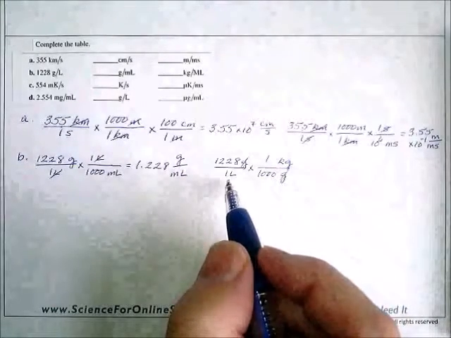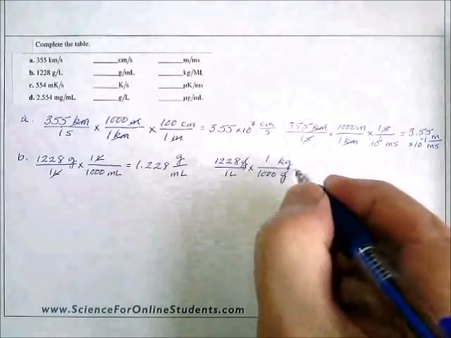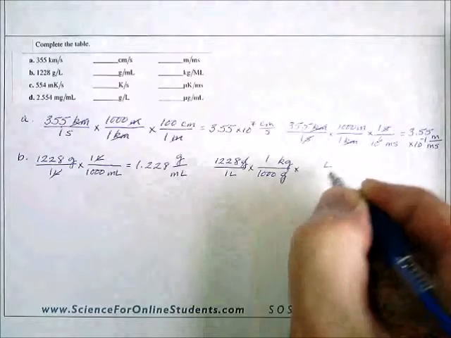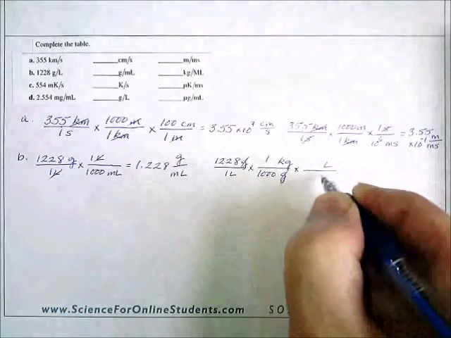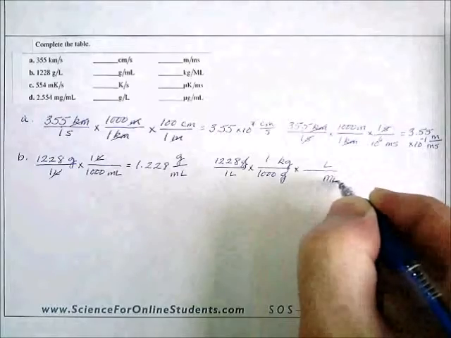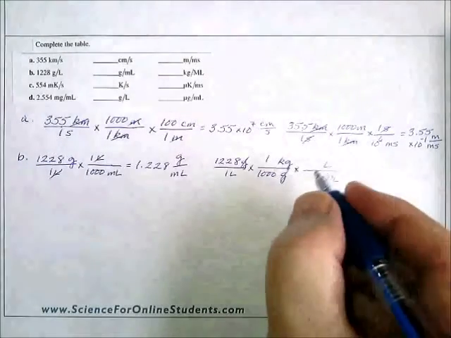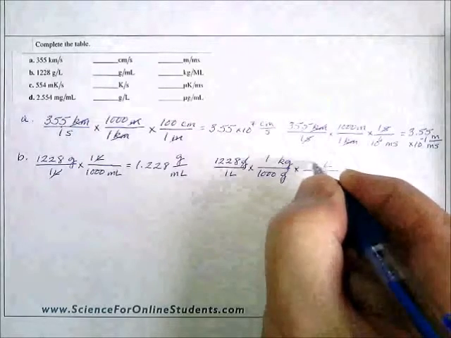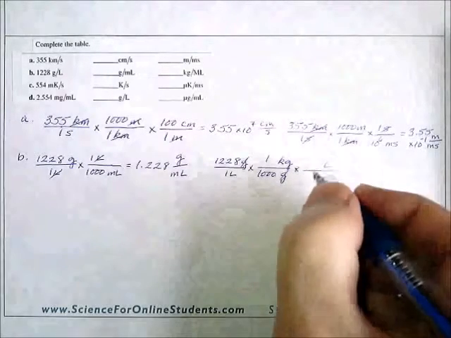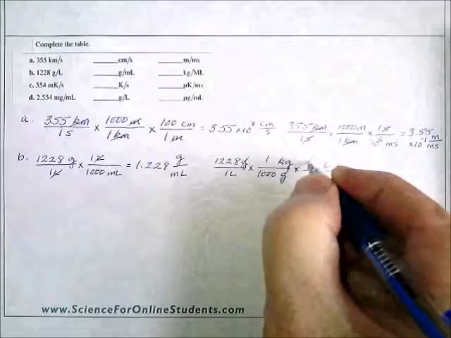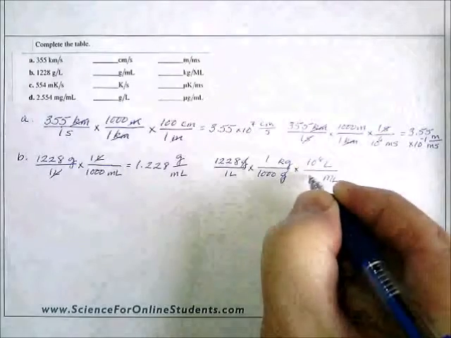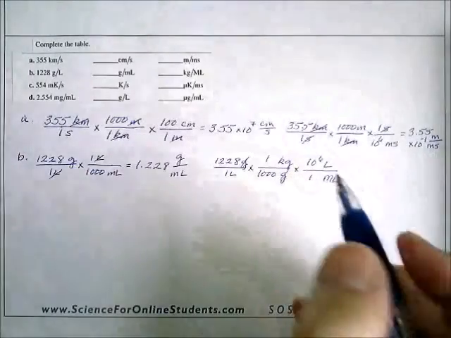We're going from liters to megaliters. So we have liters and megaliters. 10 to the 6th liters is 1 megaliter.